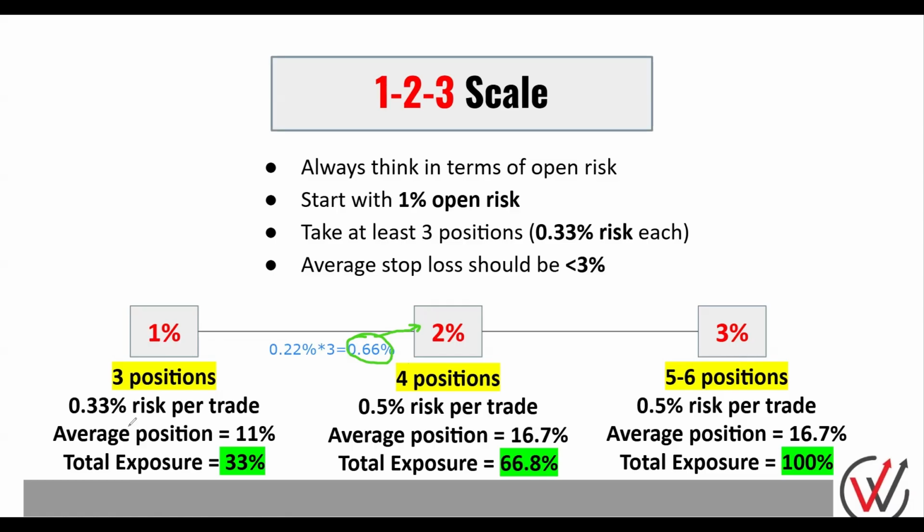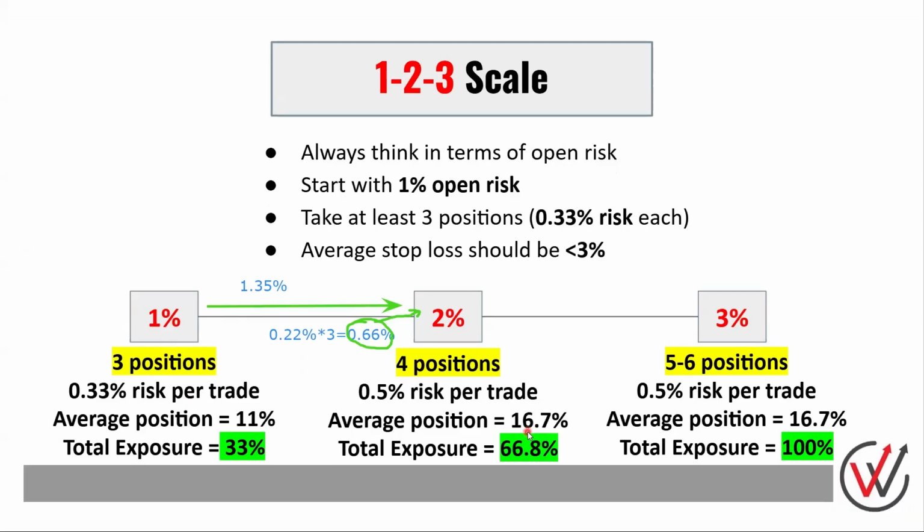This is the most beautiful aspect of this. You move on to 2%, but your open risk would be only 1.35%. Similarly, let's say you take 2 positions of 17% individually, and let's say 16% to make the calculation a little easier. 25% of 16% is 4%, right?